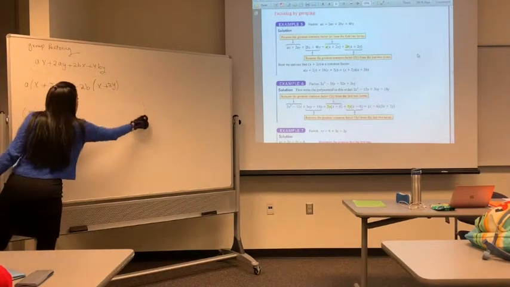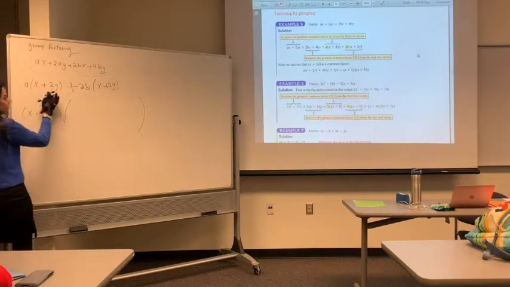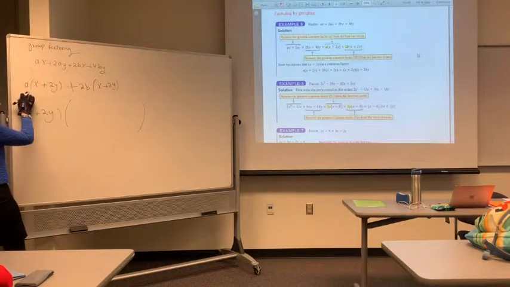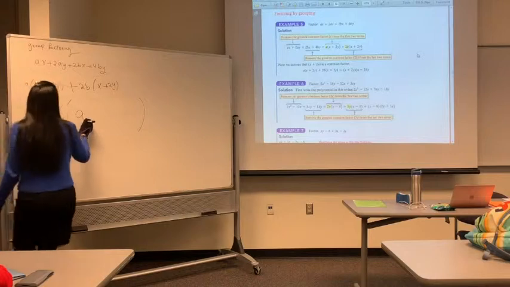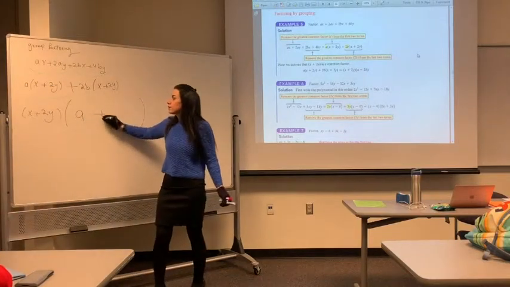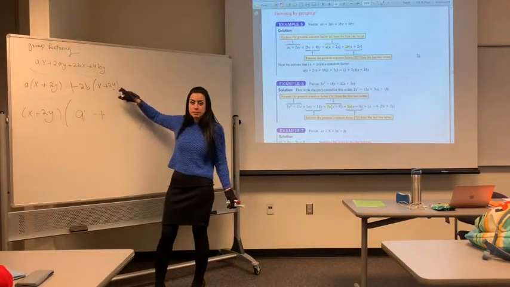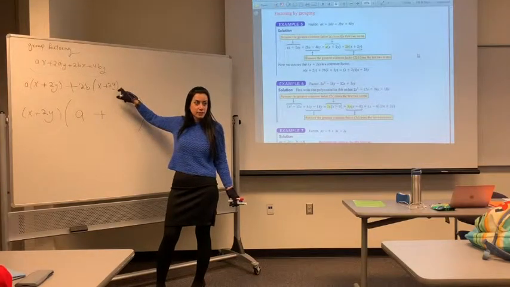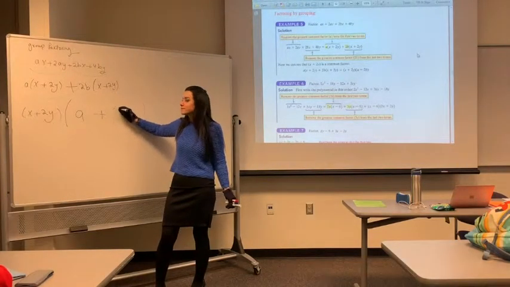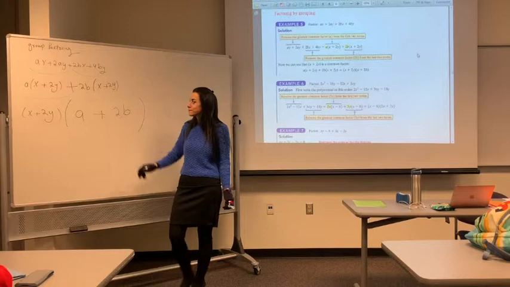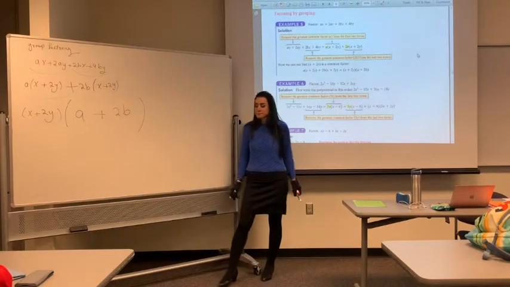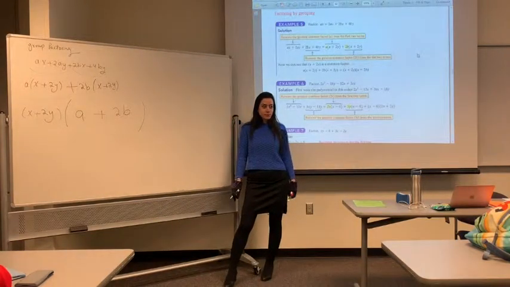So from the first group, which was this one, what remains? A remains, correct? From the second group, what remains? 2b. Is that correct? Wait, for the second term, where did you get the A from?